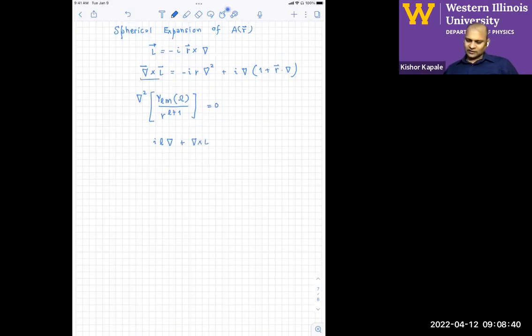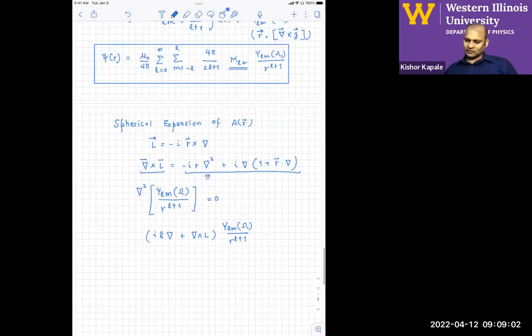Since we simplified curl of L to have these two terms, the del squared term is going to go to 0 when you apply it on that. So you are basically left with this other quantity here. So you take this combination and apply it to Y_LM(Ω) over r to the power L plus 1.